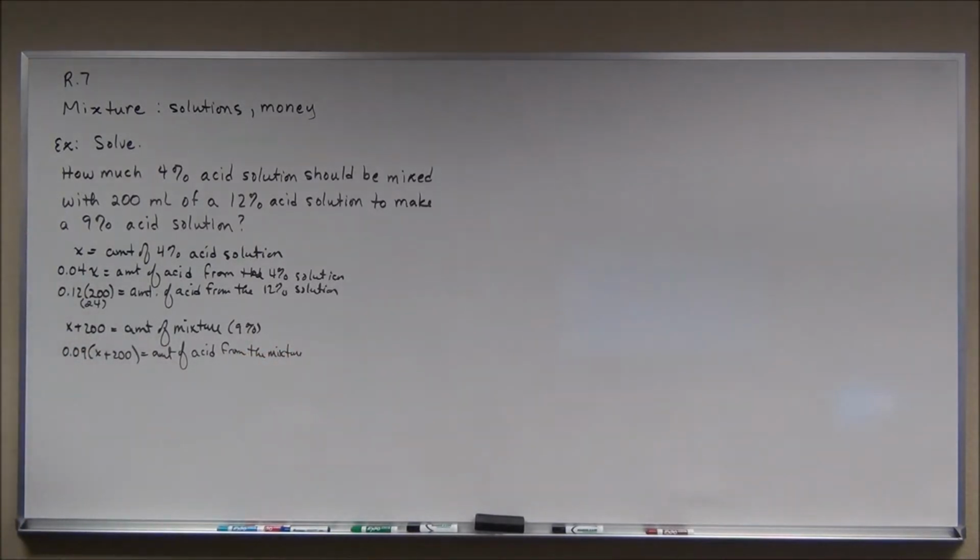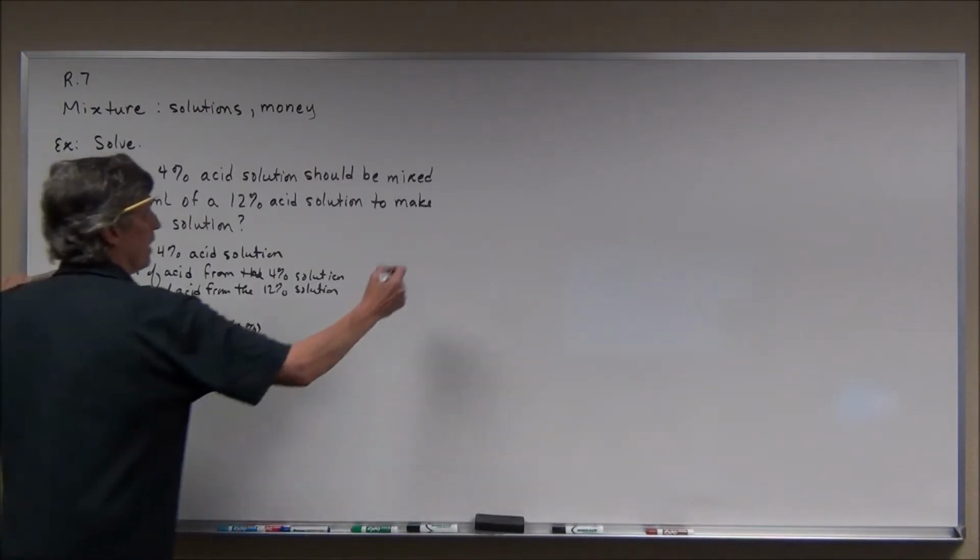Now the reason I'm writing it all out like this, and a lot of textbooks will show you a table to set it up to be more organized, is that we're going to add the amount of pure acid from the two things we're mixing, and set it equal to the amount of pure acid in the final mixture. Because if you put the two things together, that's the mixture.